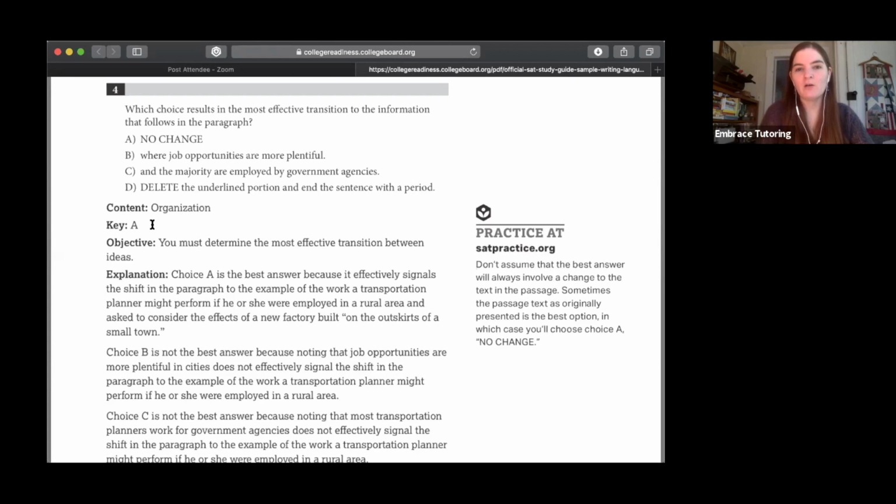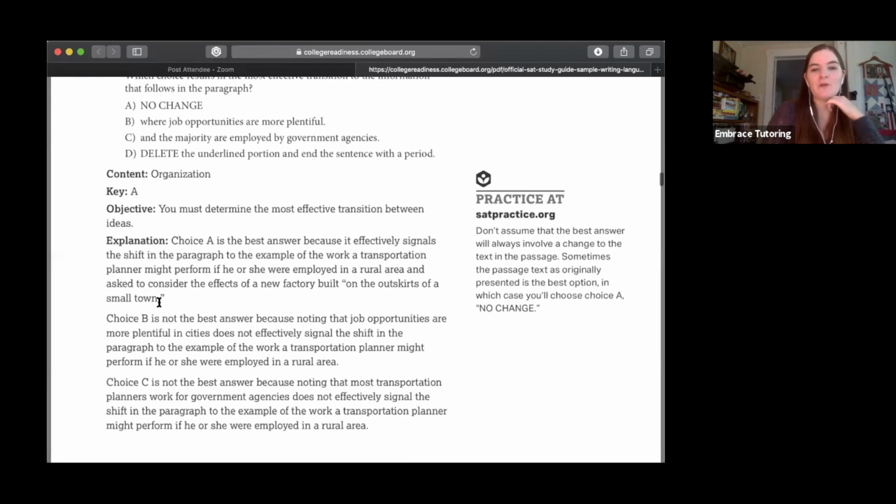They're asking you to specifically look for an effective transition word or phrase that is going to help you move from the information in this paragraph to the following paragraph, making connections here.